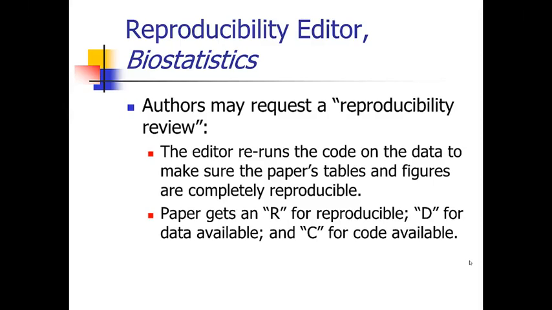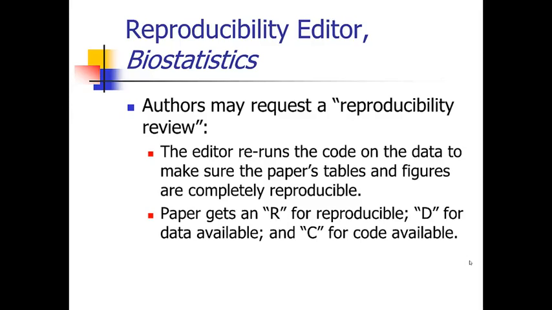One of the journals, the Journal of Biostatistics, has now appointed a reproducibility editor to try to move this reproducible research movement forward. For that journal, authors may request a reproducibility review. That editor will rerun the code on the data to make sure he can reproduce all of the paper's tables and figures.